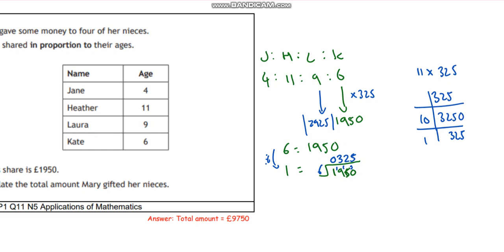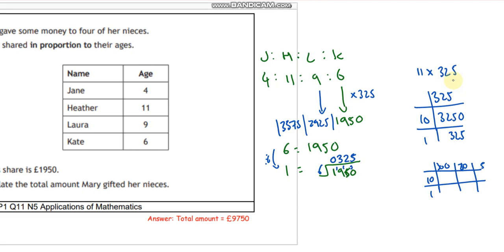Yeah, 3575. But the chimney sum's a good method. You can break that up further for trickier numbers. You could say that that's the same as 320 and 5 multiplied by 10 and 1. You can do that, but it's a really good method for multiplication if you're not a big fan of your chimney sums. And then times that by 4 for 1300.